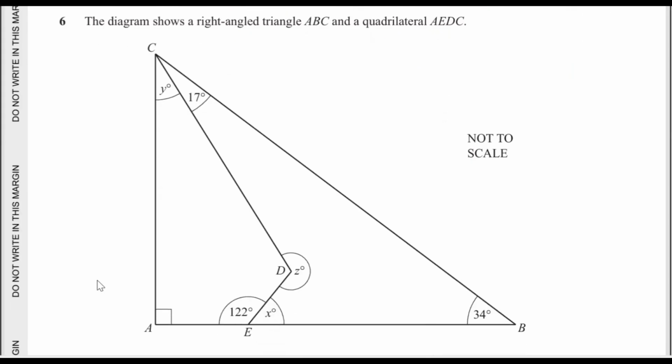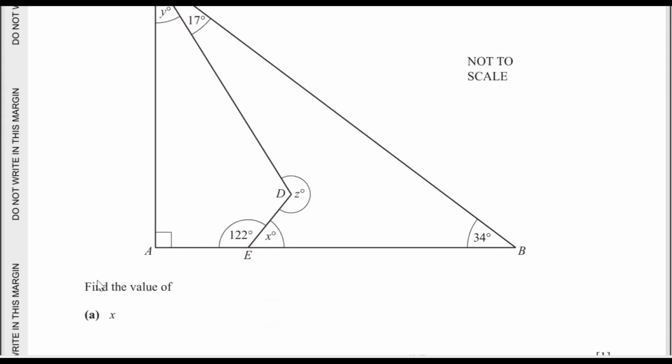For question number 6, it says the diagram shows a right-angled triangle ABC and a quadrilateral AEDC. So we can see the quadrilateral AEDC. Here we are required to find the value of s. If you look at it, you will see that both s and 122 lie on a straight line.